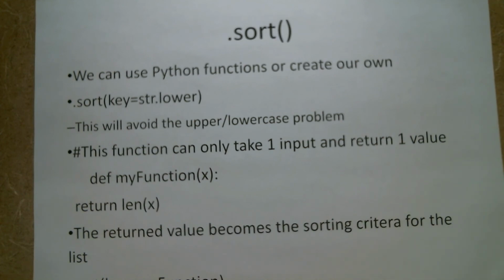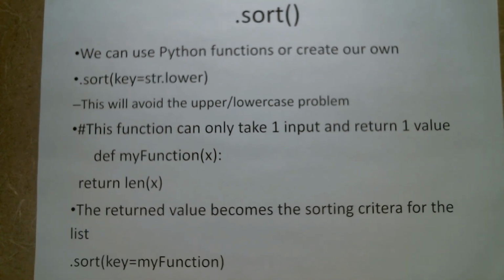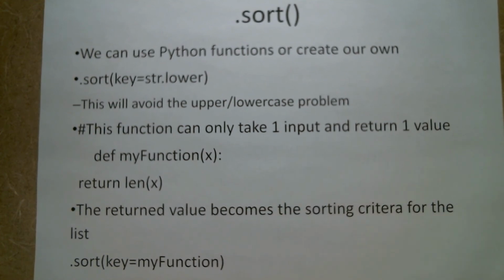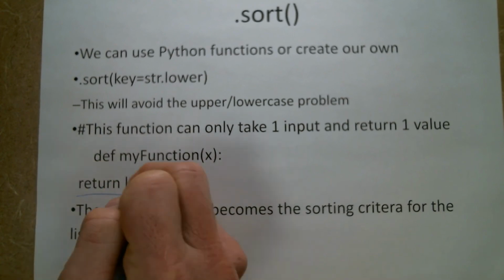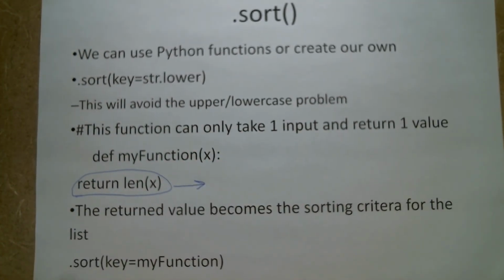This is getting a little more advanced, and this is not anything that you're accountable for. But if you create a function with only one input and one return value, you can use it as part of a sorting criteria. And sorry, this should be indented. I don't know what happened here, but indented, this is part of the function. So let's pretend you wanted to sort things by the length of the word, so that the shortest word was first and the longest word came last.